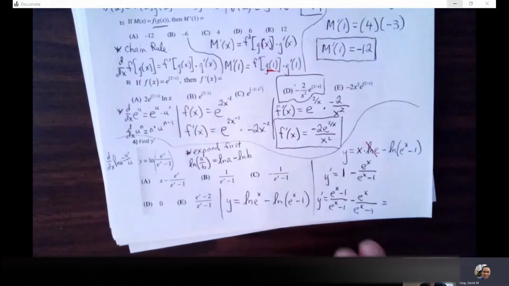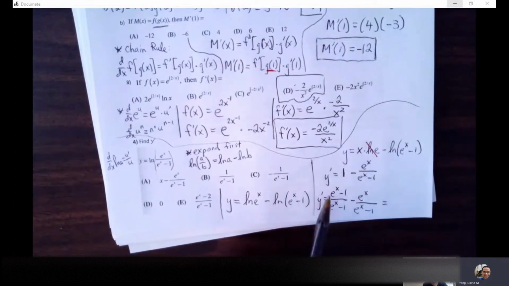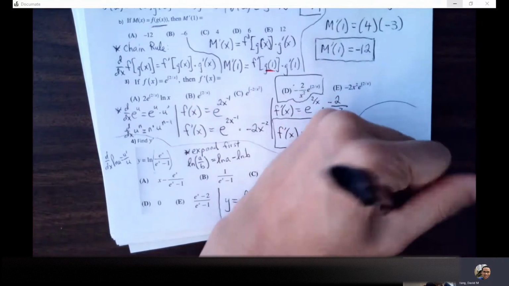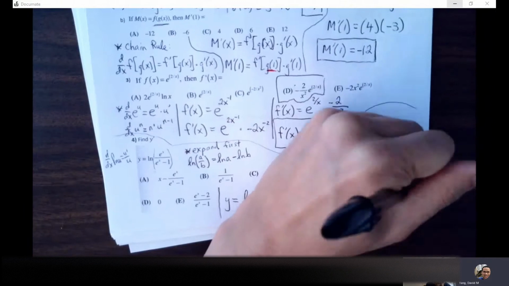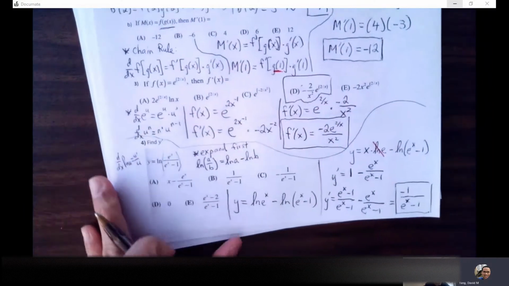Once I'm able to match that denominator, I can combine the numerator together. So e to the x minus 1 minus e to the x. I can get the e to the x to go away. I'm just left with negative 1 over e to the x minus 1. Answer choice C.